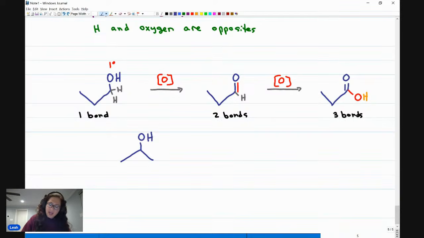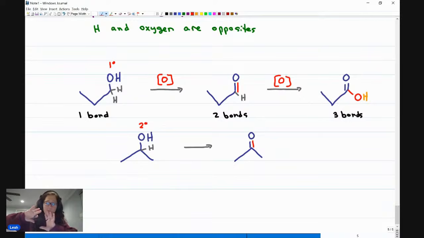So what I'm looking at here is simply increasing the number of bonds to oxygen on the carbon that already has an oxygen. In the case of my secondary alcohol, I only have one hydrogen atom. And so that means I can only do one round of oxidation unless I completely destroy the molecule and put an oxygen in. That's a much more advanced reaction that some students will learn.